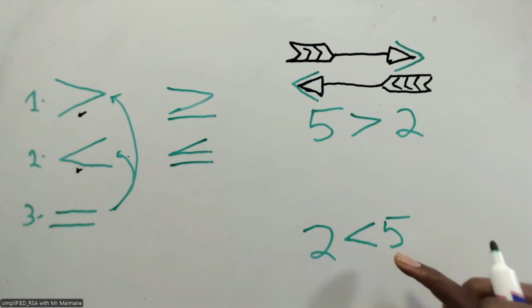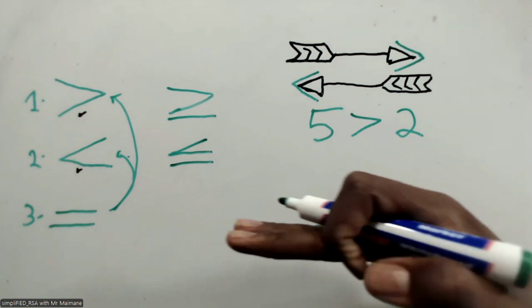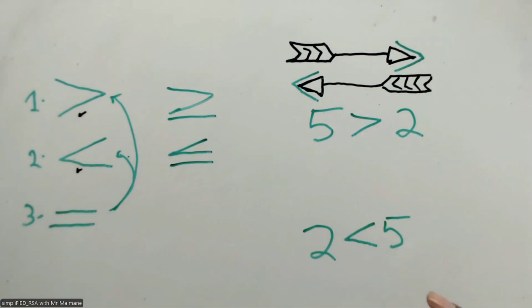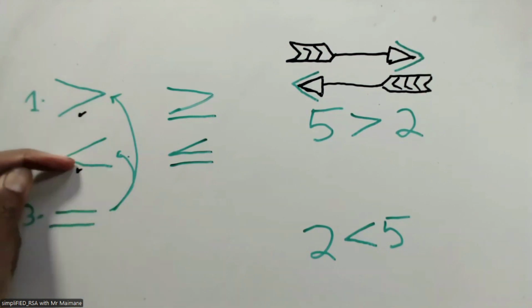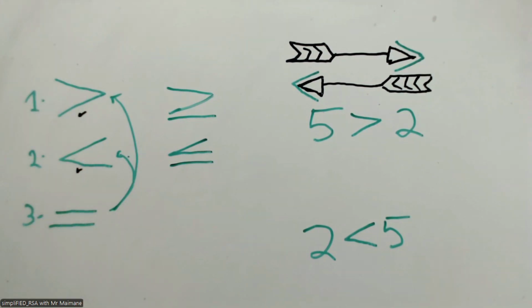But still, the pointy part is facing 2 based on 5, such that I can still say 5 is greater than 2. So looking at the arrows, it doesn't really matter if it's the first one or the second one. What matters is which direction it is pointing.